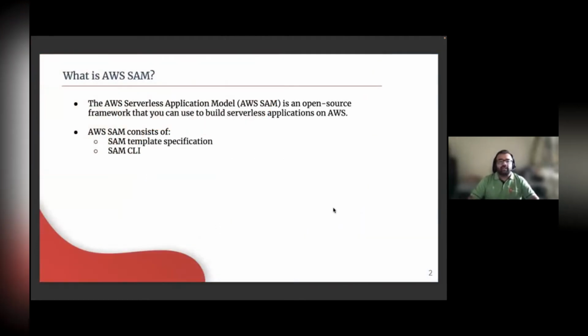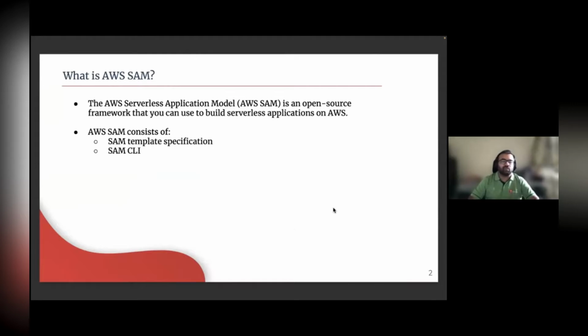Right. So what exactly is SAM? It stands for Serverless Application Model. It's an open source framework used to build serverless applications, and that's what it means. It's open source, so yeah, you can contribute to SAM if you want. It consists of two things. First one is a template, and second one is a CLI. So template is a declarative way to write your infrastructure.